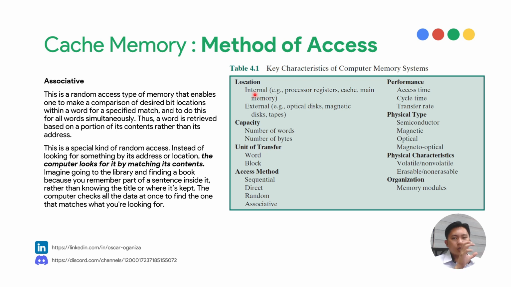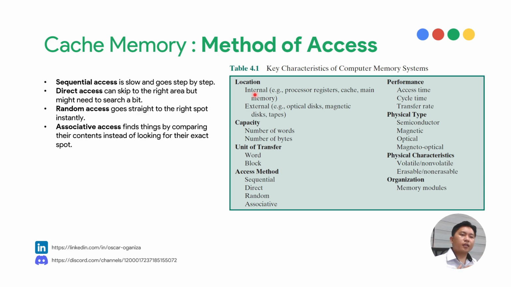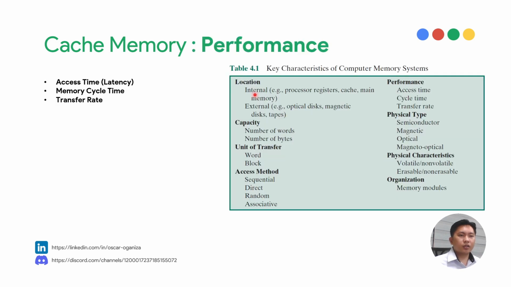Then it picks which data basically matches your search. So for example, the closest to your search is in chapter 5. Then the data in chapter 5, regardless of whether there are other similar ones, is what it will get, because the CPU thinks that's the closest data to what you're looking for. So that's the methods of access: the sequential, the direct, the random, and the associative.